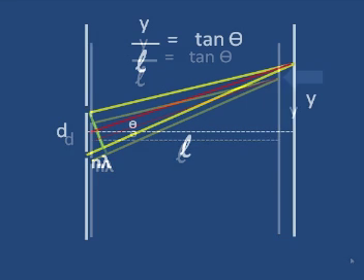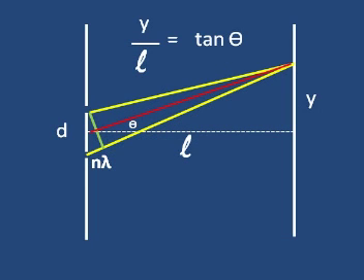But notice something. For small angles, the tan of theta equals sine theta. Now, if you have trouble believing that, take your calculator out and try tan 0.5 degrees, then sine 0.5 degrees, and you'll see that for really tiny angles, they're the same. And theta, in fact, here will be very, very tiny.